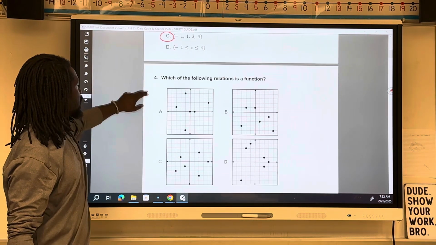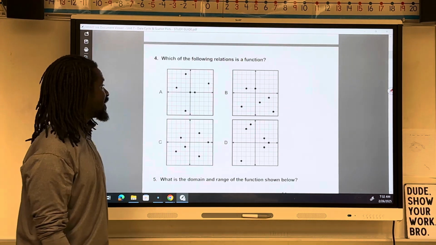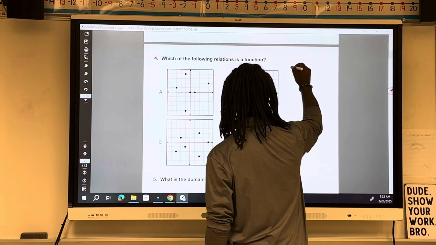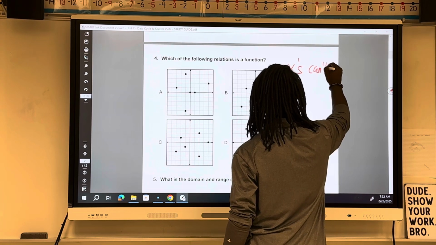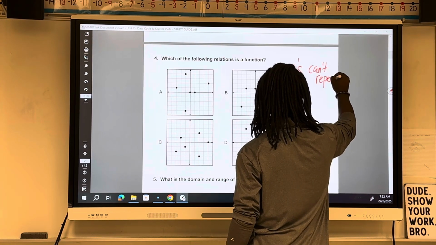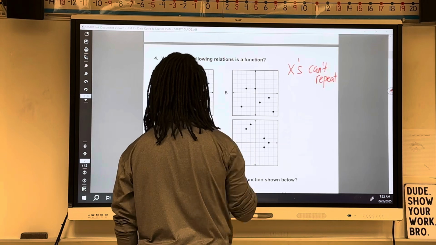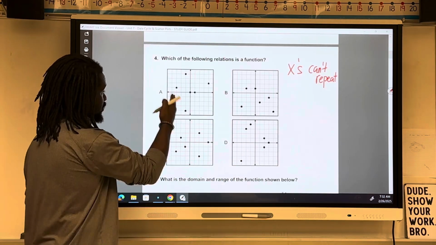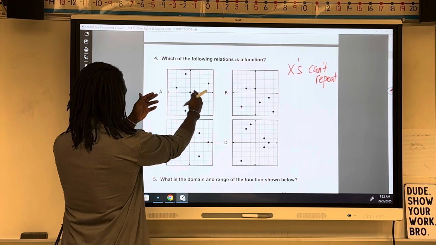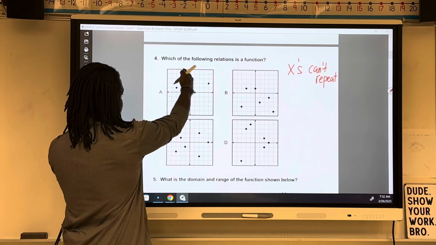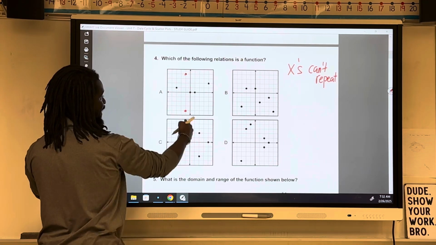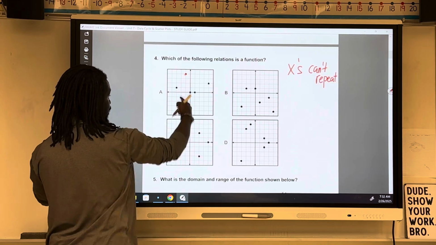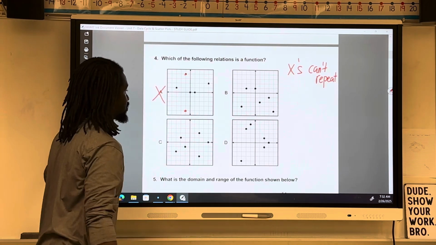Moving on. Which of the following relations is a function? Remember, for it to be a function, the x's can't repeat. In other words, we're looking at the x-axis and making sure that, in this one, there are 2 values along the x at -1, so that is not a function.